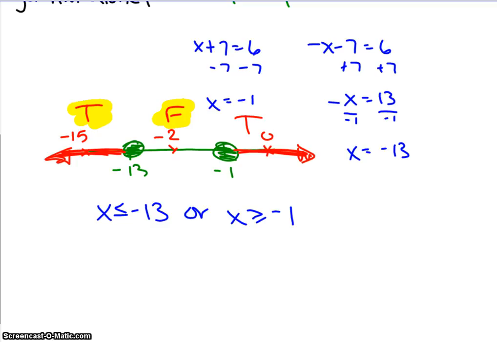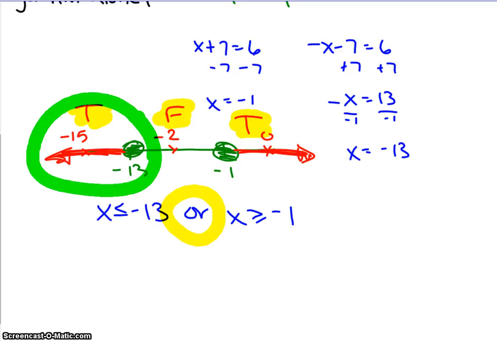So that's where we get this other true. So again, outsides indicates or. Write your inequality for that one. x compared to -13, equal sign, pointing left. Write your inequality for this chunk. x compared to -1, equal sign, points to the right.